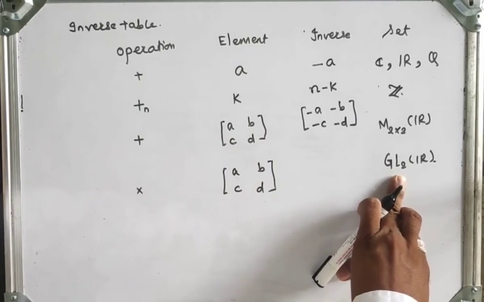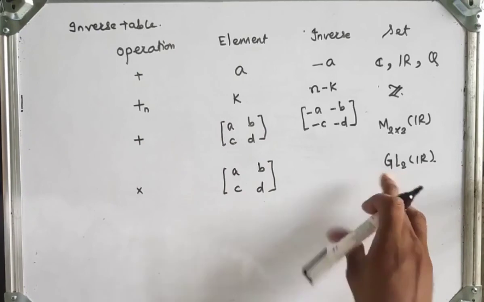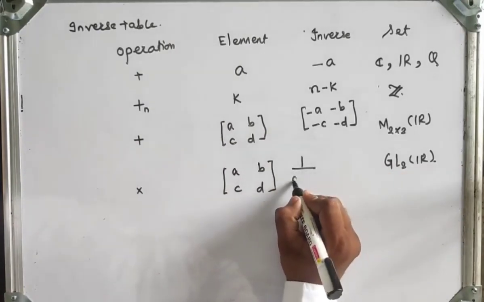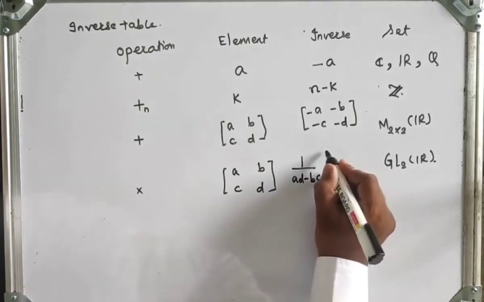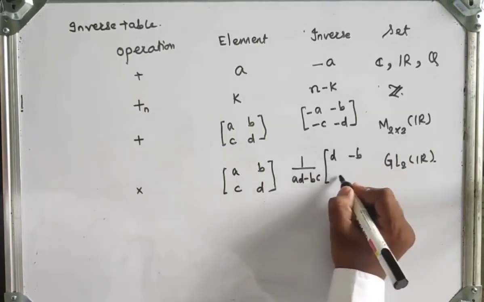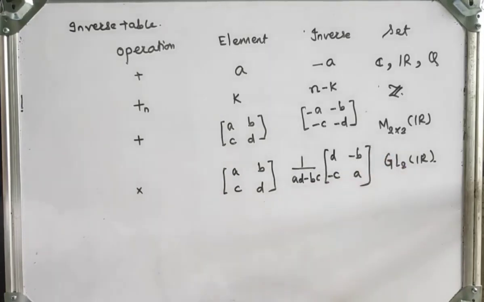Their determinant is always not equal to 0. So we have to find the inverse, and the inverse will be 1 upon the determinant AD minus BC, into D, minus B, minus C and A.